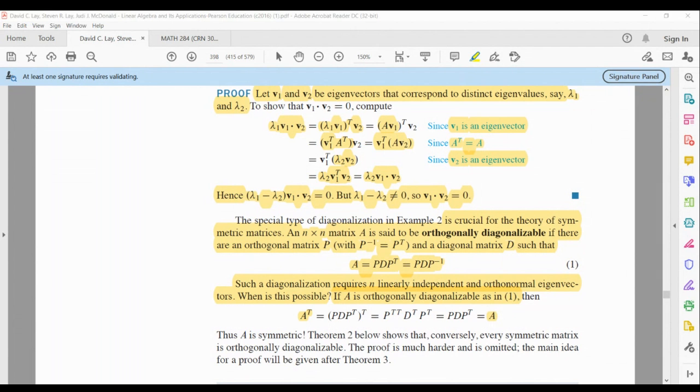Take a look at that. You take the transpose of P times D times P transpose. If A is orthogonally diagonalizable, it equals P times D times P transpose. And then the transpose of that matrix product is the product of the transposes in reverse order, and you'll get back the matrix A, and therefore A is symmetric.